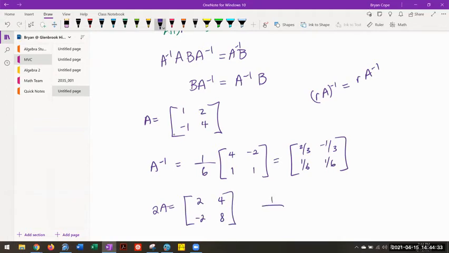So 1 over the determinant, which is 16 minus -8, right? So it's 1 over 24. Stick the 8 here and the 2 there, -4 and +2. So this is what? 1/3. So it's not going to be true, is it? 1/12 and 1/12. So yeah.